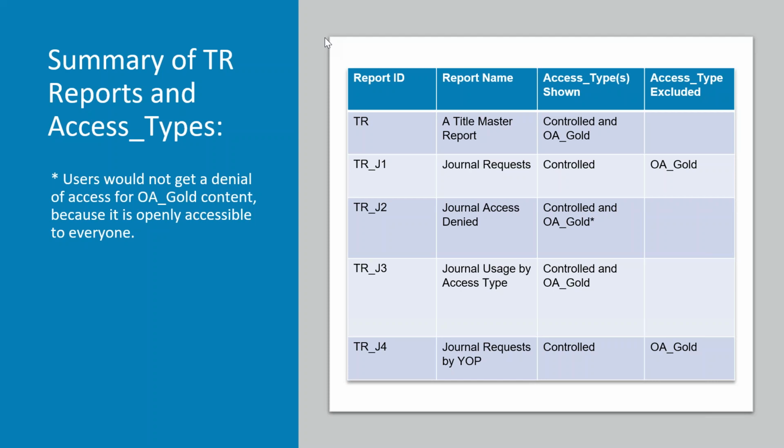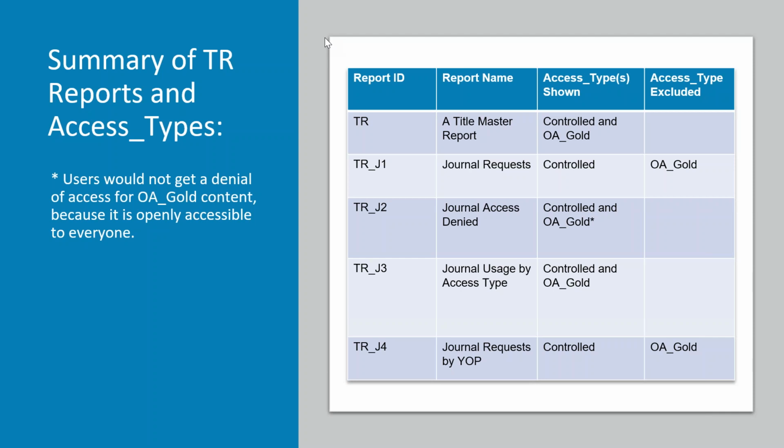Well, it hasn't. So I just put together this little table, and that just shows you which of the reports include both controlled and OA Gold, and where the OA Gold is excluded. And you can see that the OA Gold is excluded from the TRJ1 and the TRJ4. And that was very specifically so that you can do cost per use calculations very quickly.